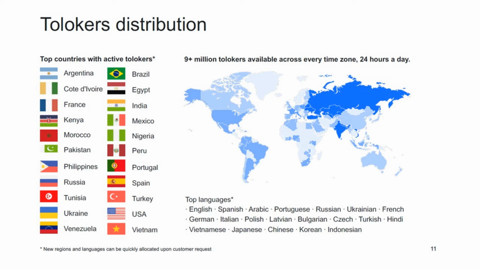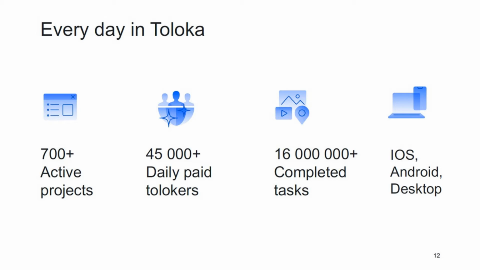We have not only popular languages such as English and Spanish, but also Latvian, which is quite rare. Here you can see some numbers that include active projects, daily paid Tolokers, etc.